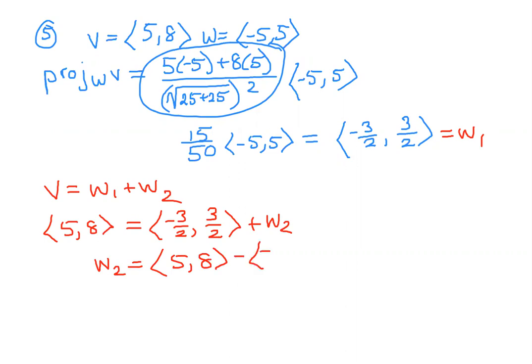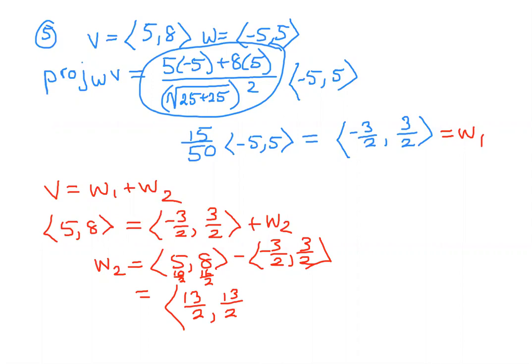And you're going to get your fractions on. This will be 10 over 2, and this will be 16 over 2. So 10/2 minus -3/2 is 13/2, and 16/2 minus 3/2 is 13/2.